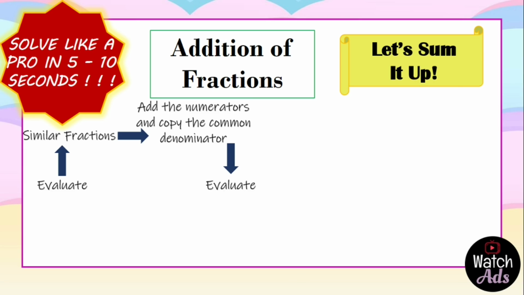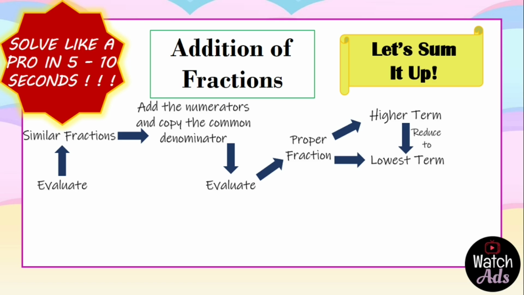Then, we evaluate our answer again. If our answer is a proper fraction, or a proper fraction is a fraction whose numerator is less than the denominator, we check if it is in the higher term. If it is in the higher term, we reduce it to its lowest term. And the lowest term is our final answer.